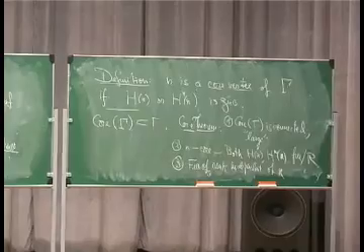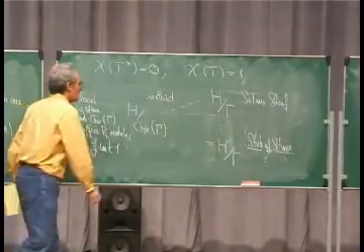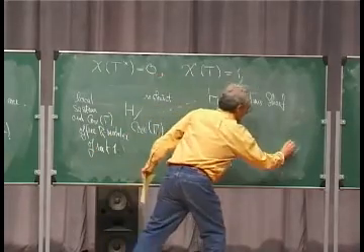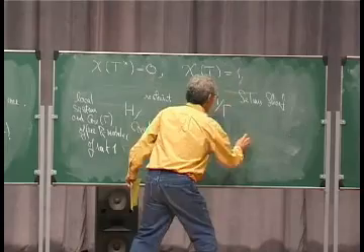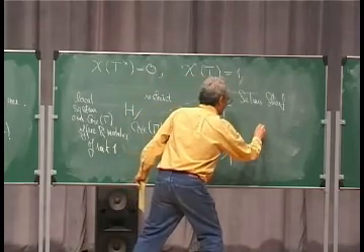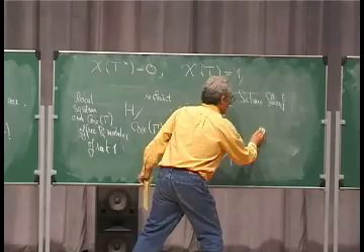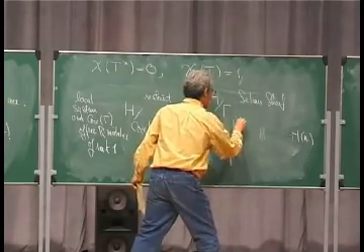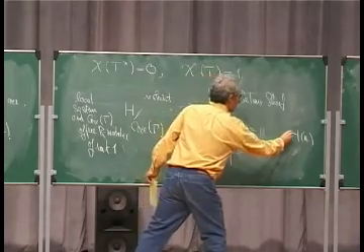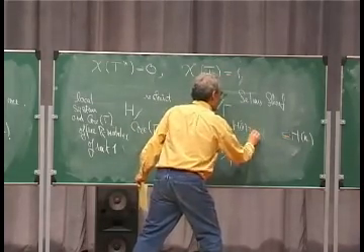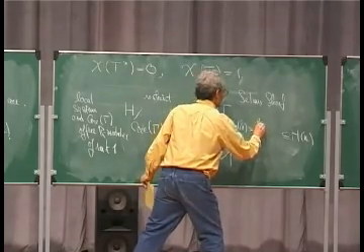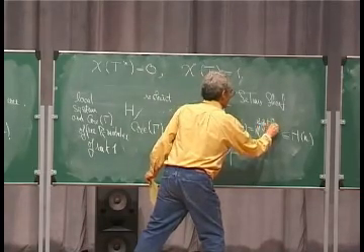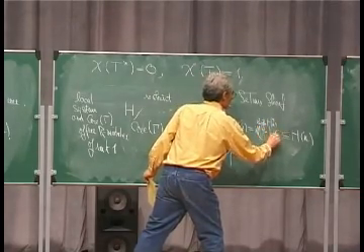Well, I'm going to say it a little more concretely. In H of n, I define H prime of n to be the submodule of H of n given by taking the maximal ideal, raising it to the length of the dual, and multiplying it by H of n.